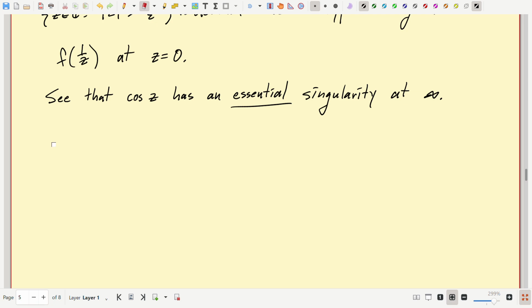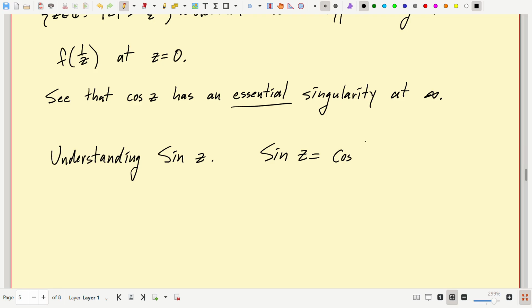Well, if we understand cosine, we understand sine, because sine of z is cosine of z minus pi over 2. You know how to do that?